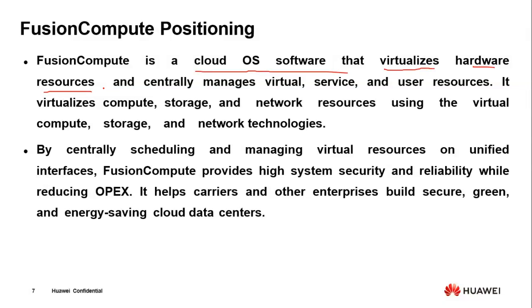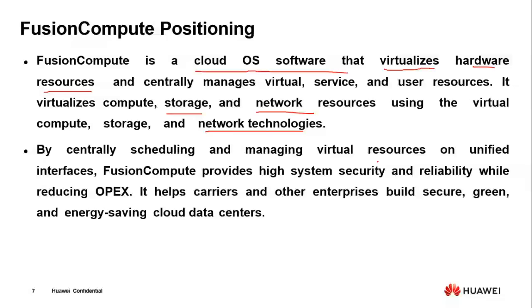However, now we want to follow your suit. When you said hard disk, you are still right, because FusionCompute did not consider memory and disk storage as one thing. It separated them into two. So in FusionCompute, we can have virtualization of storage, network resources, and network technology.